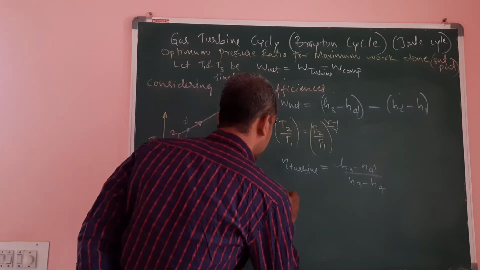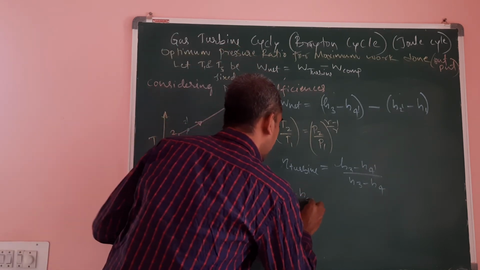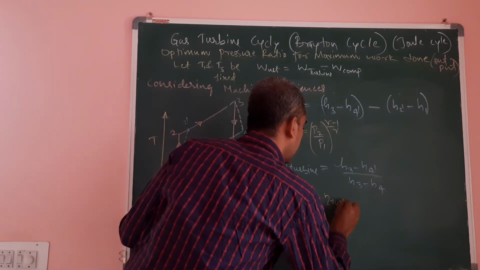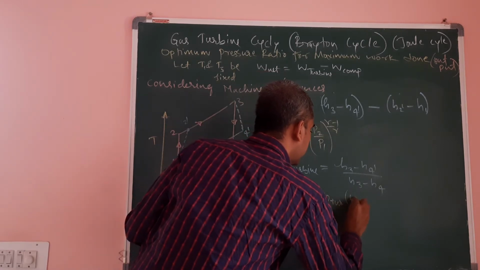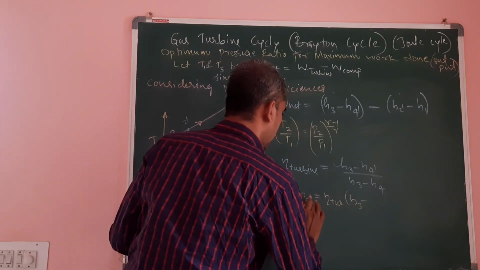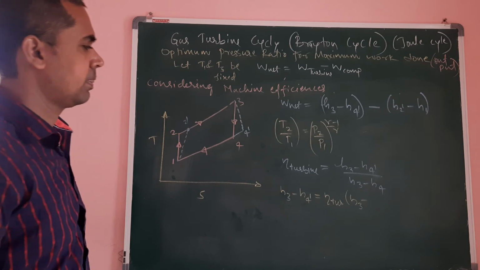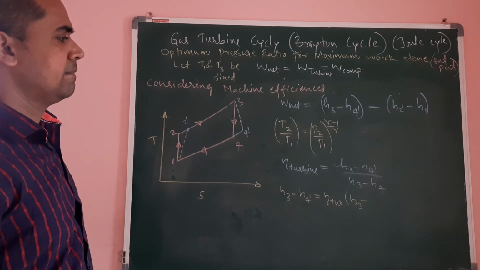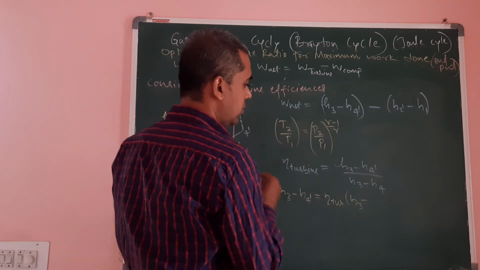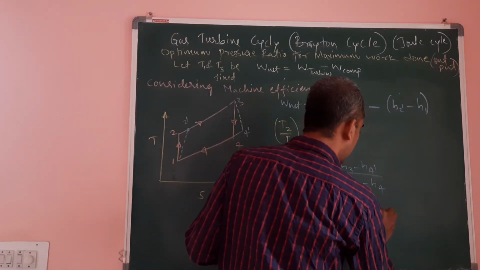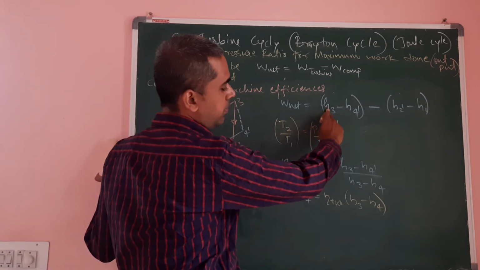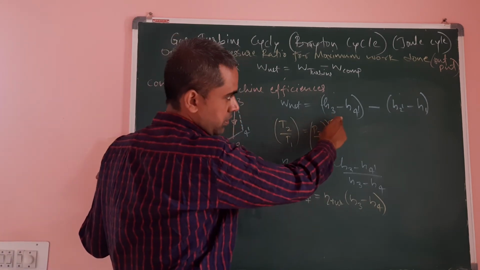Okay, H3 minus H4 dash is equal to turbine efficiency into H3 minus H4. We need H3 minus H4 dash, so now we can substitute this in place of it.